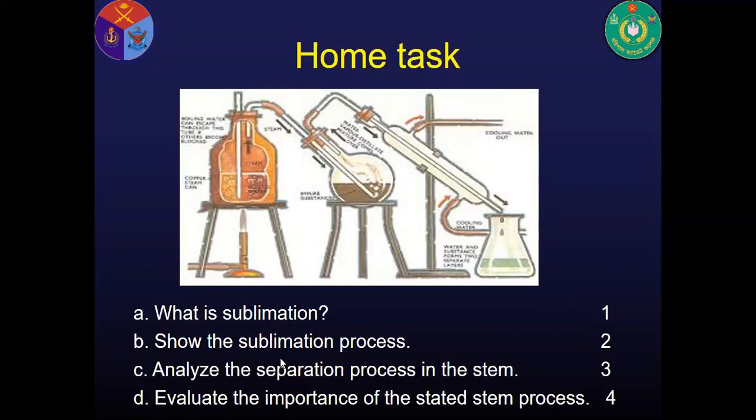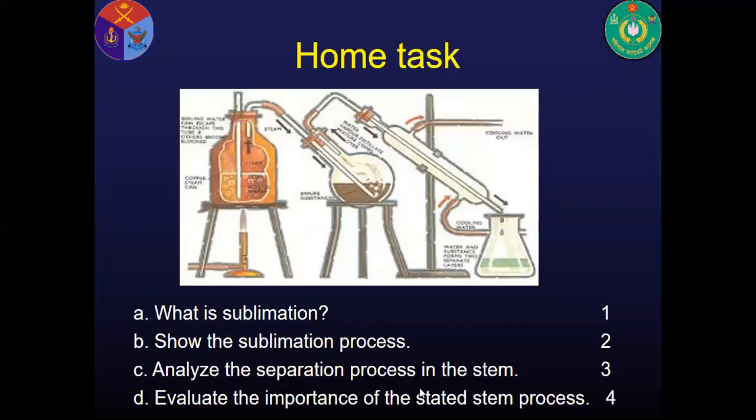This is the sublimation process. If you heat a solid substance, it transforms to gaseous substance and goes to the receiver. Then if you cool the receiver, it forms solid substance again. This is the process of sublimation.